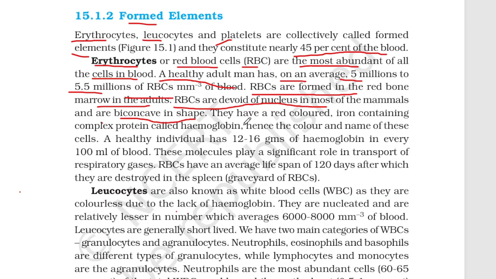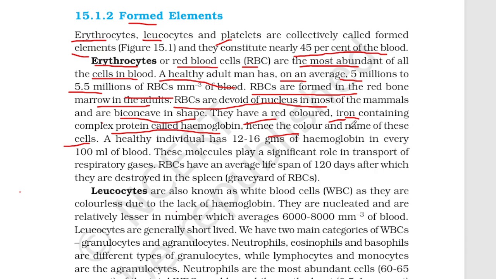They have a red colored, iron containing complex protein called hemoglobin. Hence the color and name of these cells, the red blood cell. As we have discussed earlier, hemoglobin is a red pigment present in the red blood cell, because of which our red blood cells get the name red blood cell. Hemoglobin is also an iron containing pigment, which means that this hemoglobin has iron present in it.